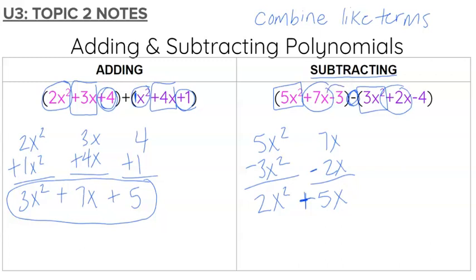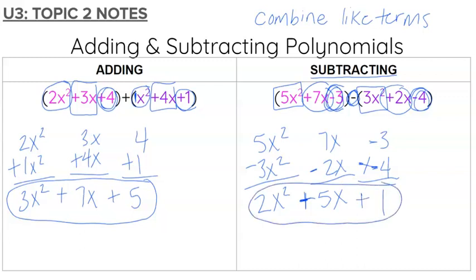And then lastly, we have our constant terms, negative 3 and negative 4. And we are subtracting. So when we do negative 3 minus negative 4, when you minus a negative, that double negative becomes a positive. So we really have negative 3 plus 4, which is positive 1.